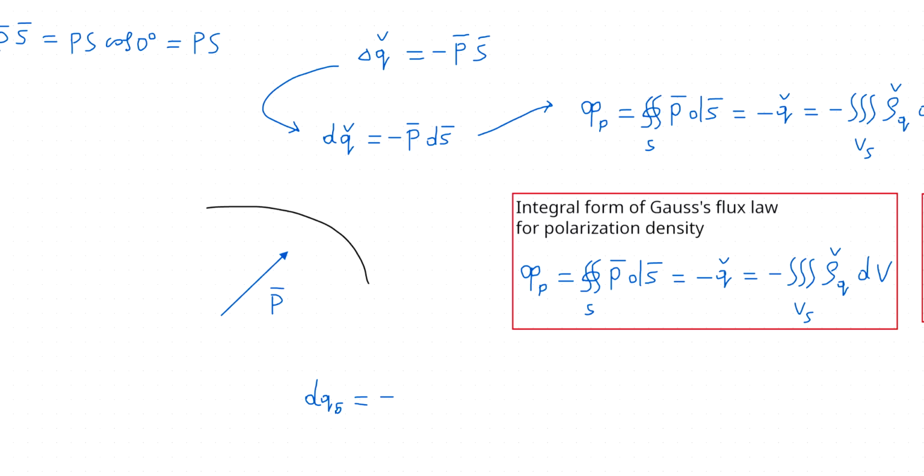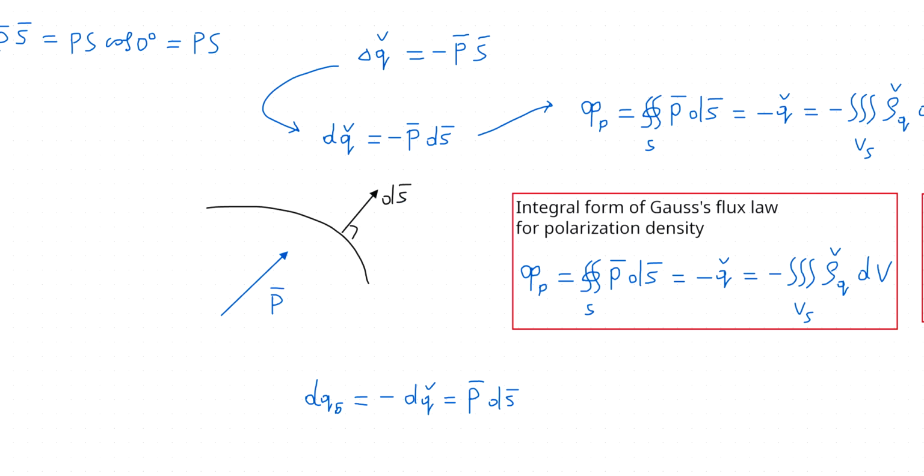It is equal to minus dQ in volume, and it will be P multiplied by dS, where dS is the element of this surface, and this is always normal to the surface.